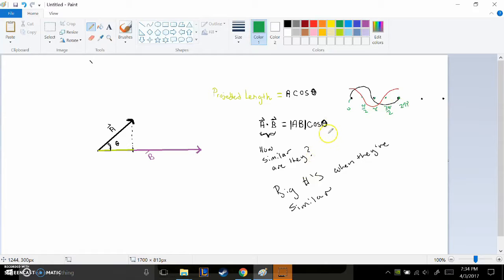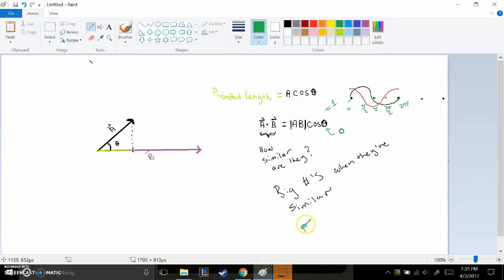So we can see here, if they're similar, this is going to be a 0. When this is a 0, we just have the magnitude of A times B. When they are dissimilar, as the value starts to drop, cosine of 0, which equals 1, and which is why A times B times 1 is the largest value we can have here, begins to drop as the angle starts to increase away from theta equals 0.